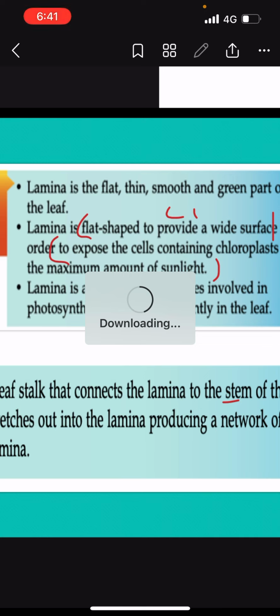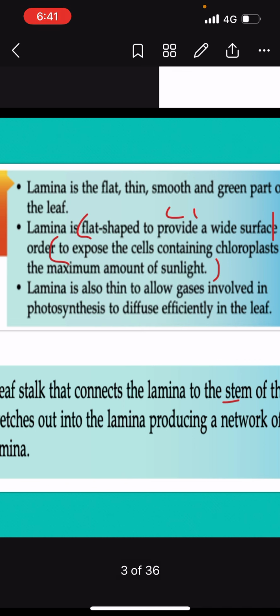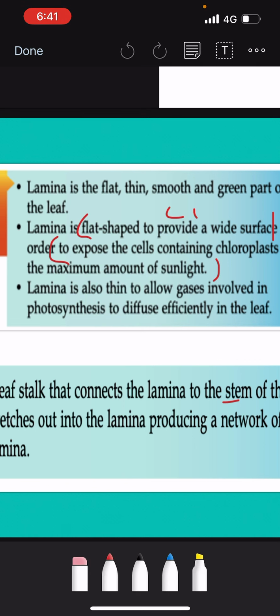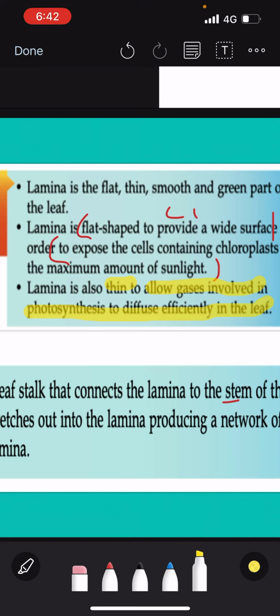Now we highlight the next point, its characteristic is thin. So that is characteristic number 2. What is the second function? To allow gases involved in photosynthesis to diffuse efficiently in the leaf. So now you can get 4 marks.